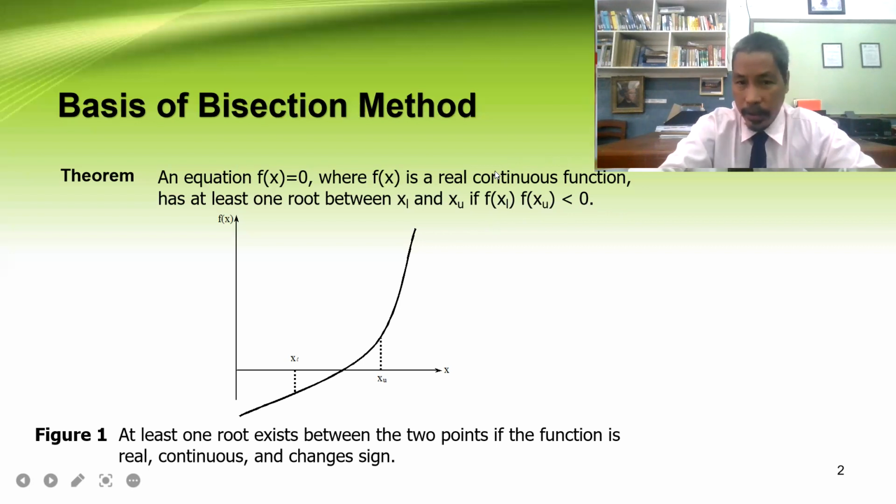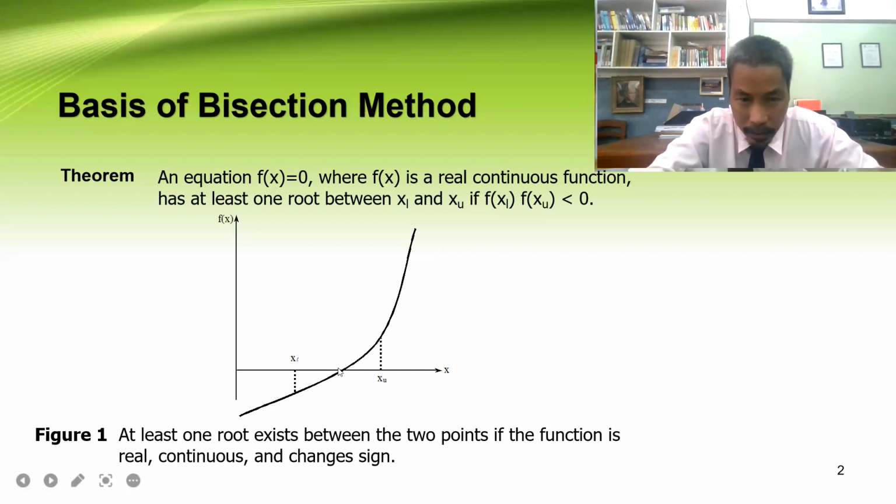Since this condition is satisfied, the theorem says the equation has at least one root. That is the statement of the theorem. There is one real continuous function and one root between x_u and x_l.